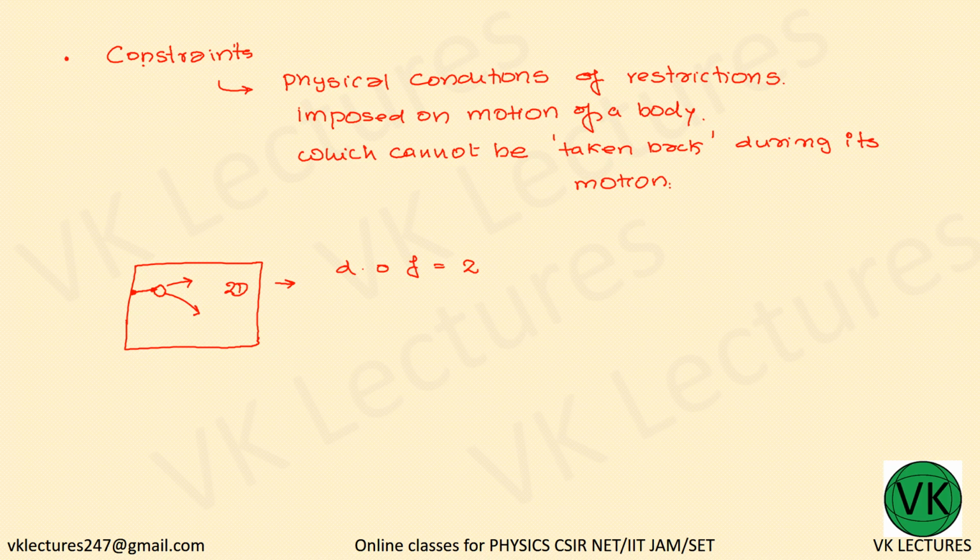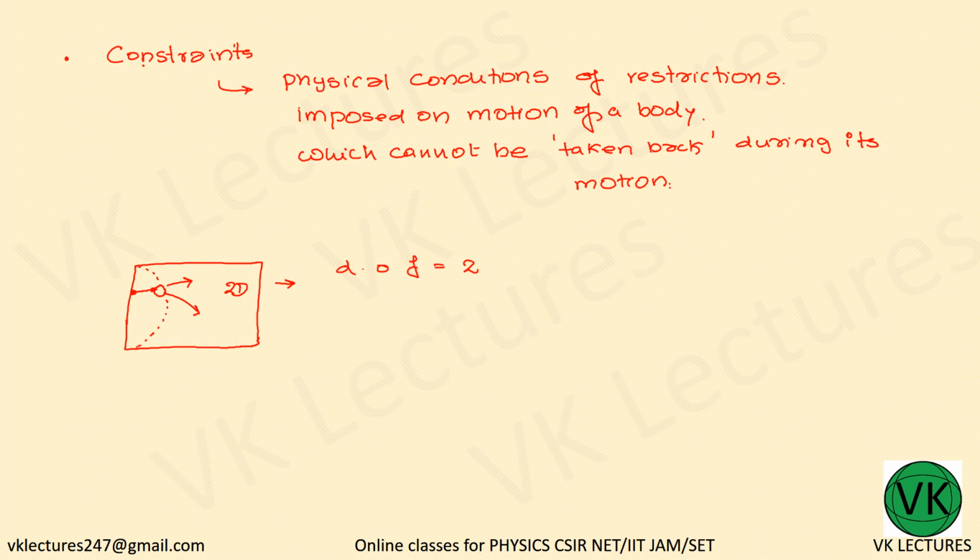So it cannot move in all directions, but it can trace a path, something like this. So this is called a restriction. Each restriction you add, the number of degrees of freedom gets reduced. So degree of freedom can be equal to 0 provided all the directions of motion are being restricted.